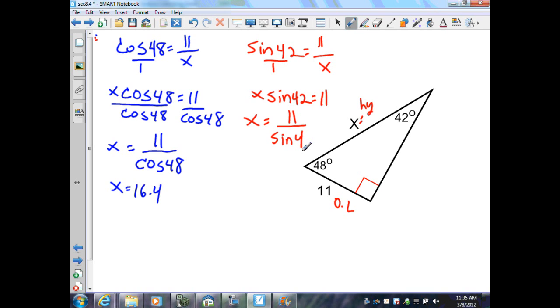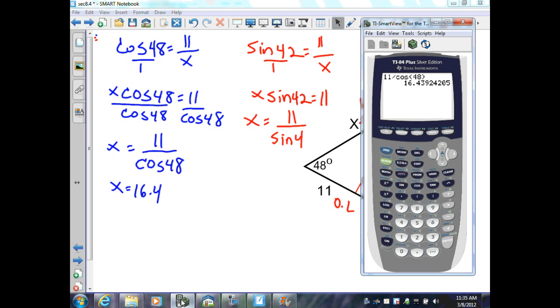Now I just substitute that into my calculator. I have the previous expression still there. This should equal the same value, 11 divided by the sine of 42 degrees. And notice that it works out to be the exact same value, 16.4.